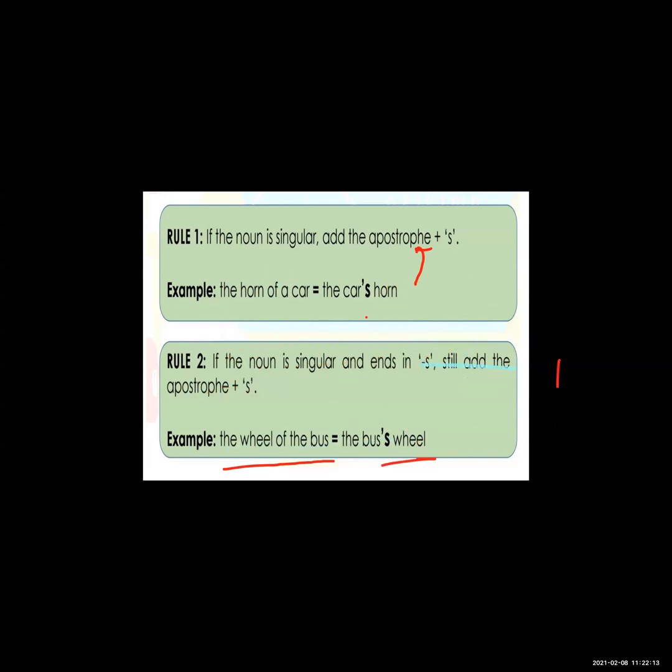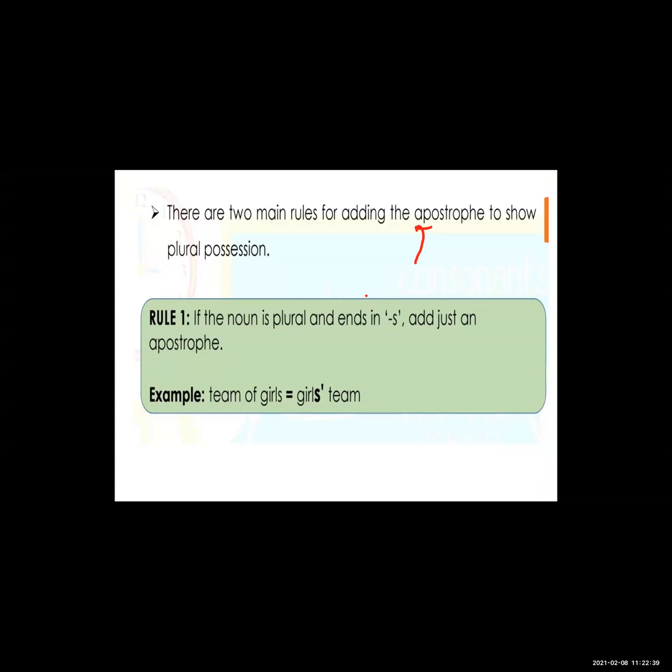So what are the two rules? If the noun is singular, add the apostrophe plus s. And if the noun is singular and ends in s, still add apostrophe plus s. Now next one is rules for the plural possessions.